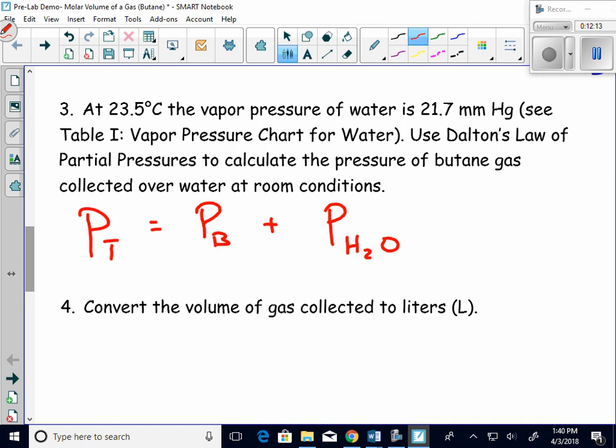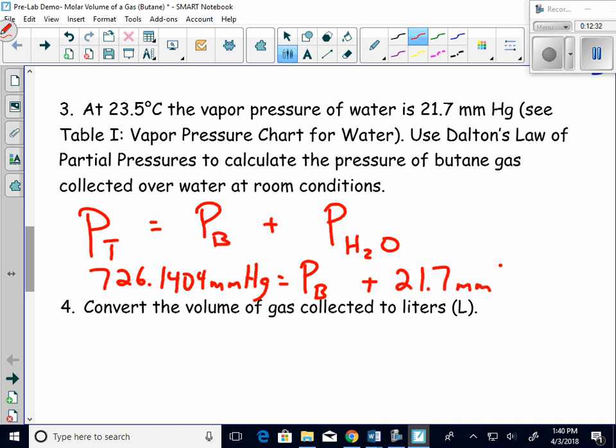So I'm going to use that, total pressure being 726.1404 millimeters of mercury, equals the partial pressure of butane plus 21.7 millimeters of mercury, because that's water. So I'm going to take the 726.1404 and subtract 21.7.